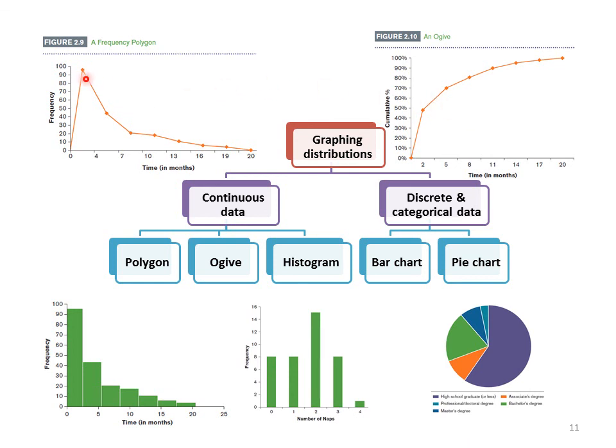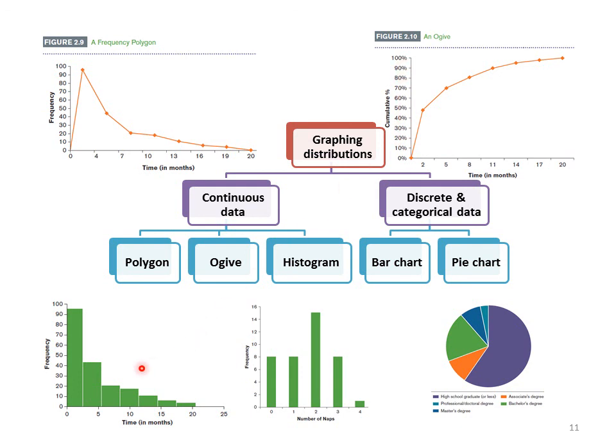In polygon, the dot represents the midpoint of each interval distributed on the x-axis, and the y-axis represents the frequency. In ogive, the dot represents the upper boundary of each interval distributed on the x-axis, and the y-axis represents the cumulative percent.